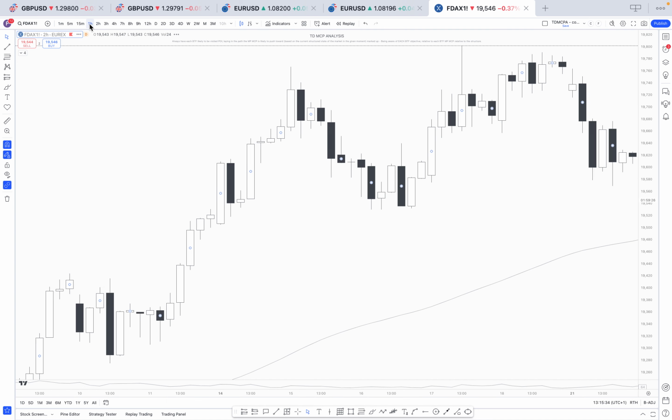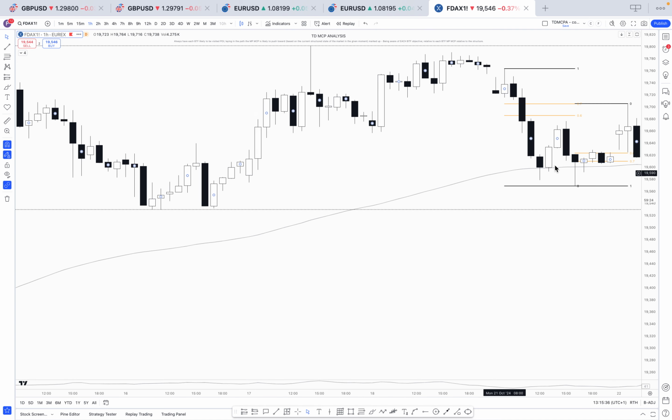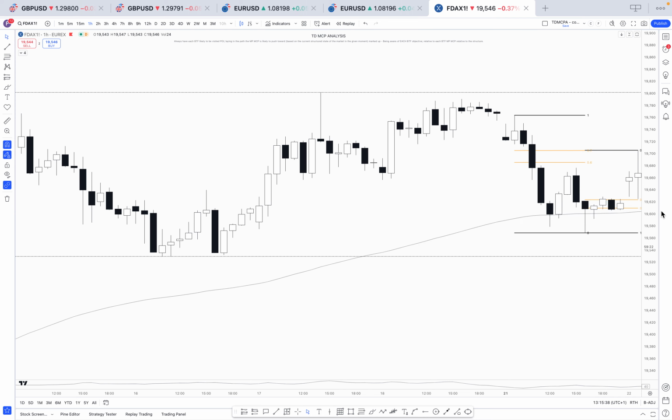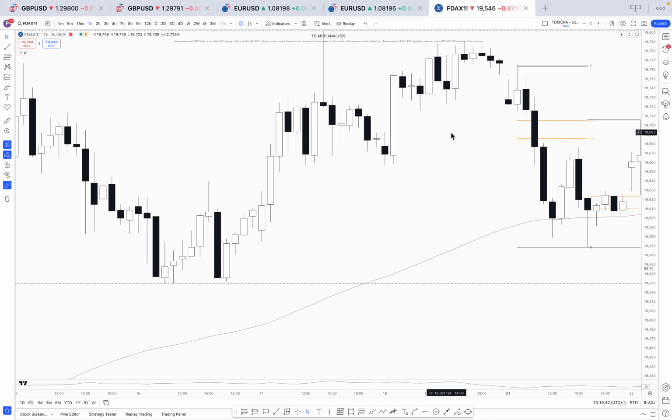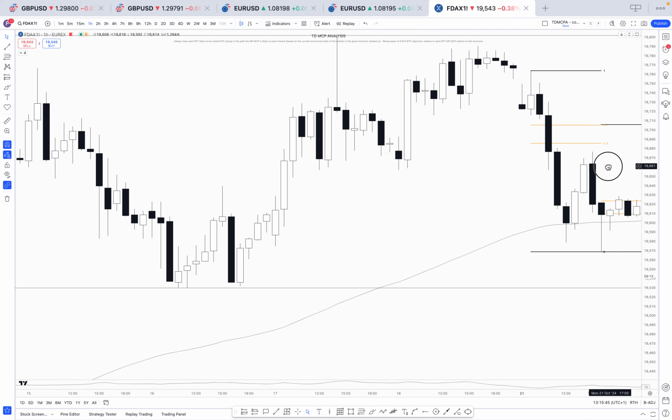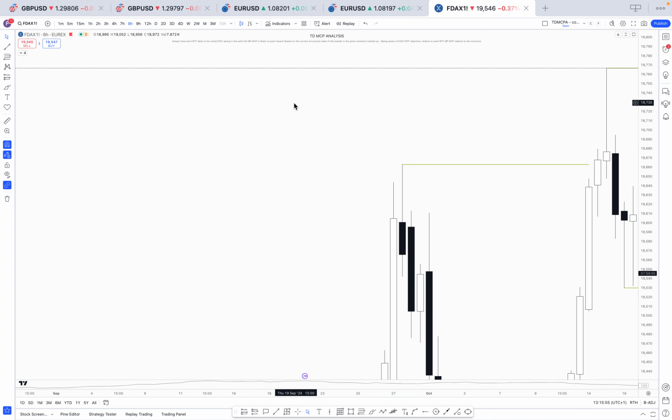So, and then 1 hour. Yeah, to be fair, this is why I just don't like trading these, because I just can't really trade them. I can't really read them that well. But to be fair, if I just go back to the 8 hour.